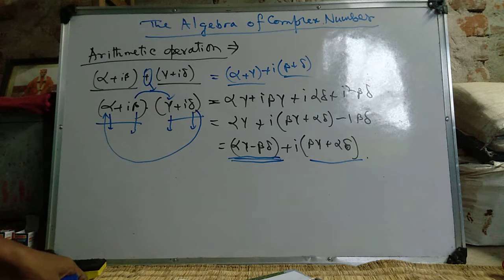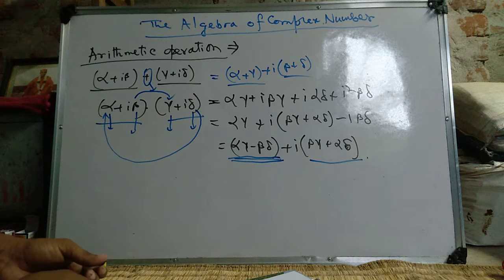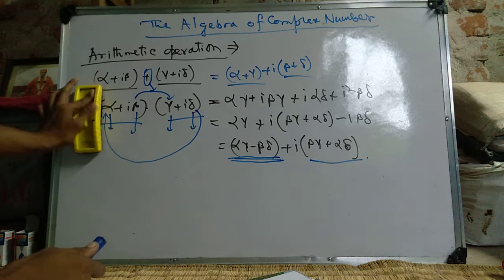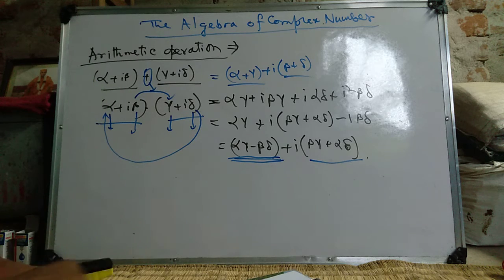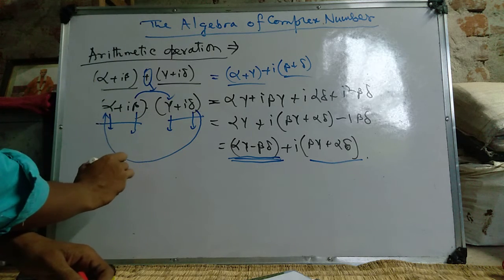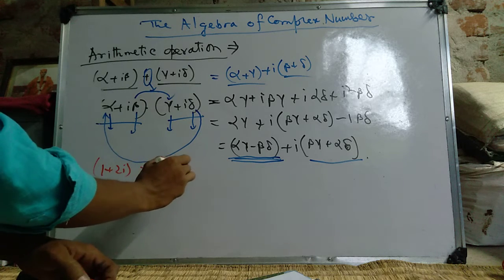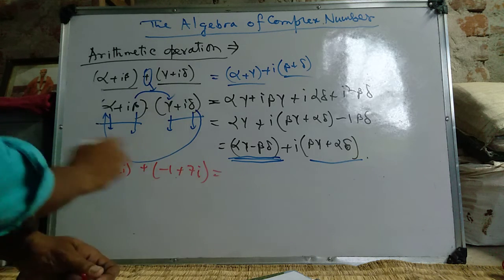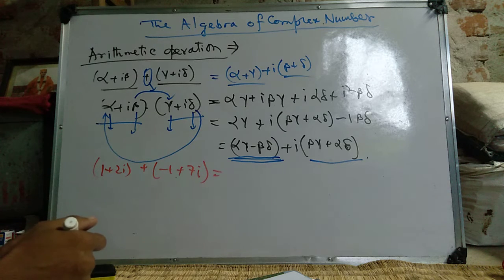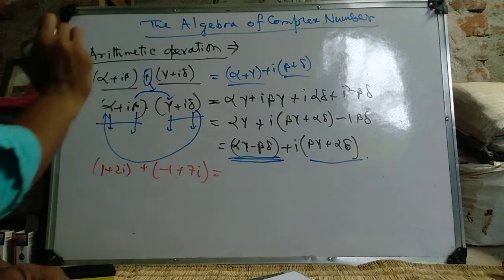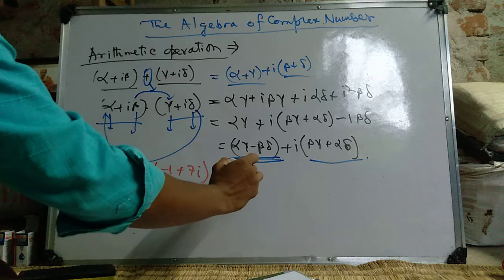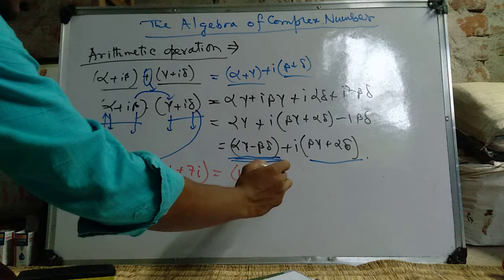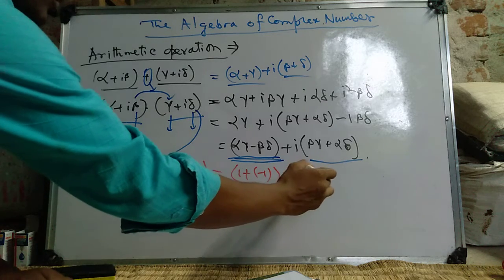That is how we handle the multiplicative operator. Next, we discuss some example complex numbers. This one is too easy, but we do it. Here we write 1 plus 2i and here minus 1 plus 7i. Adding them gives 1 plus minus 1, plus i times 2 plus 7.